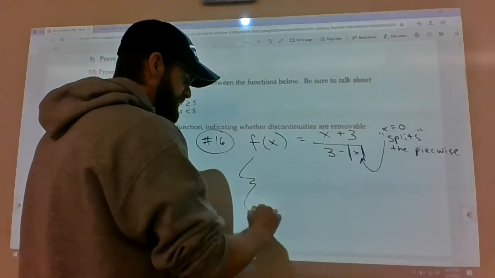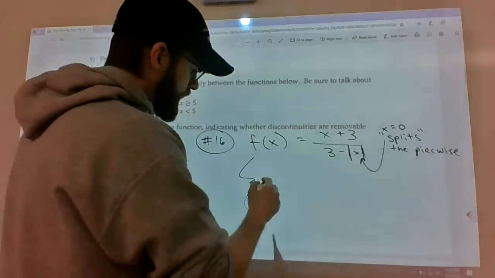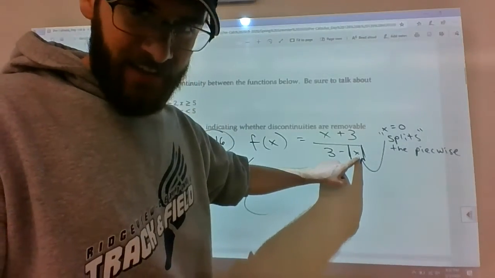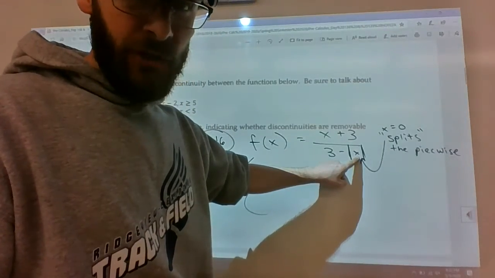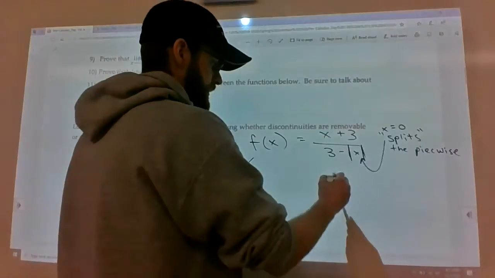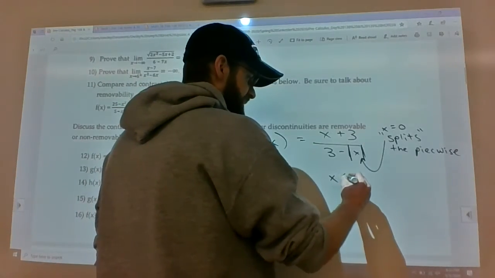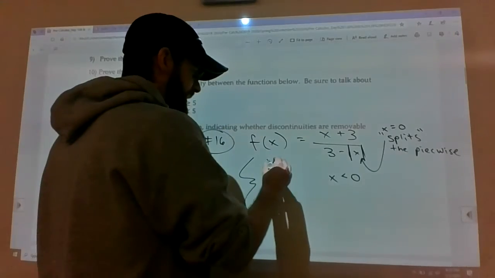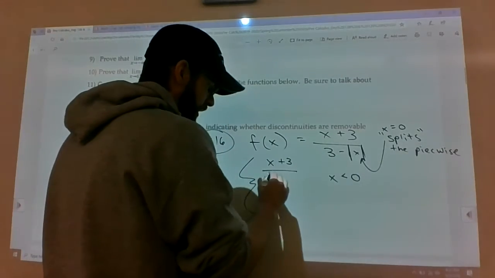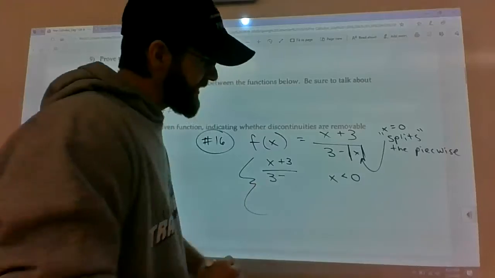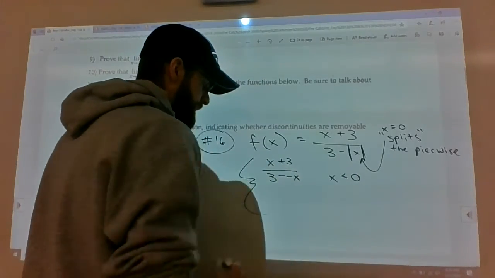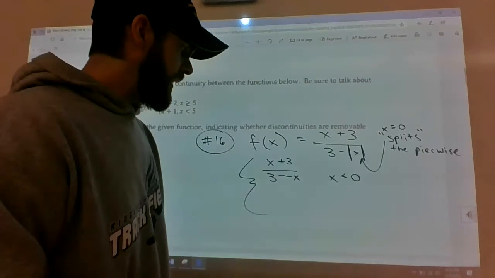So the piecewise we have would be, let's see, from the left, you would have endpoint behavior that looks like negative x. So when you are left of 0, you would have x plus 3 over 3 minus negative x. All right, you know what?